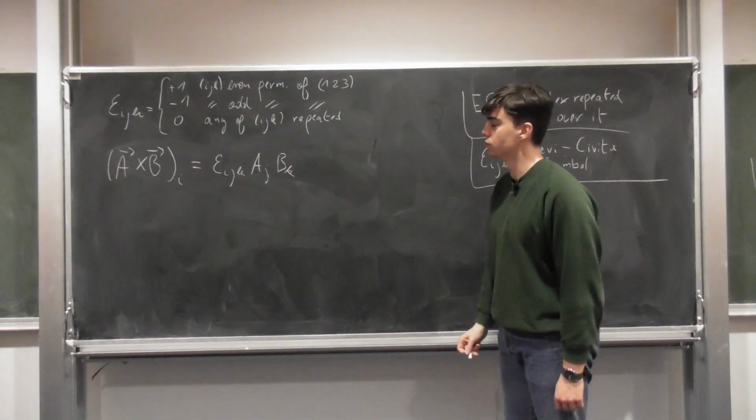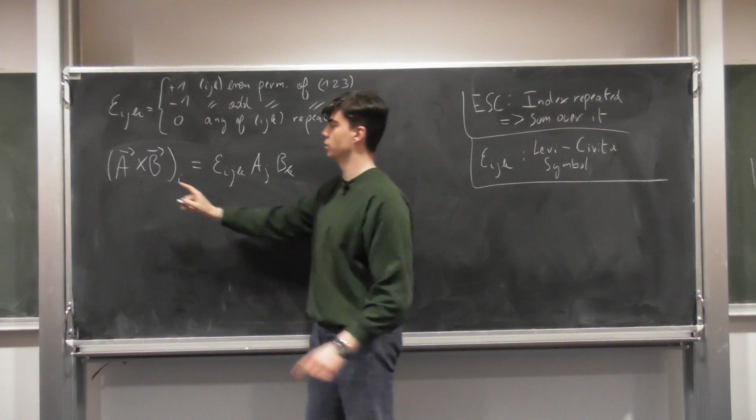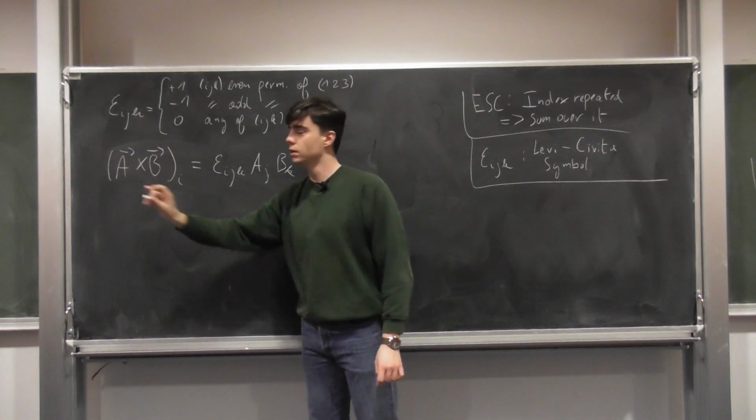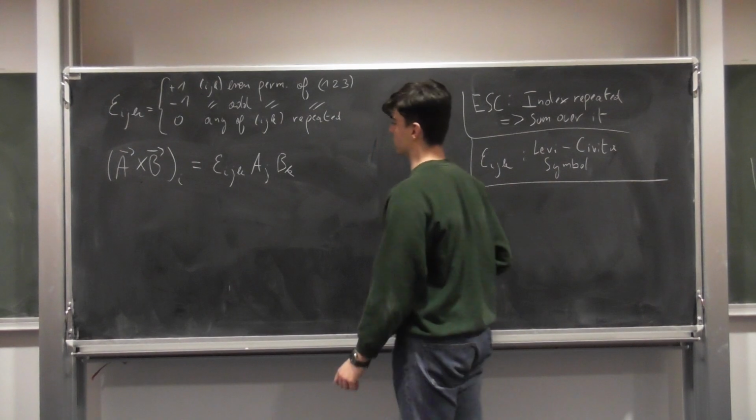Okay, so first of all, to check that these are equal, you probably want to know how this is defined in the first place. If you've seen this before, you've probably seen it defined like this.